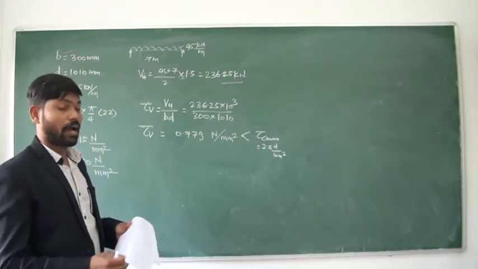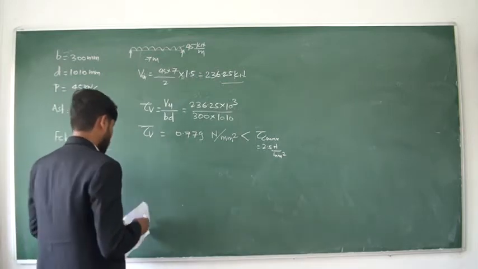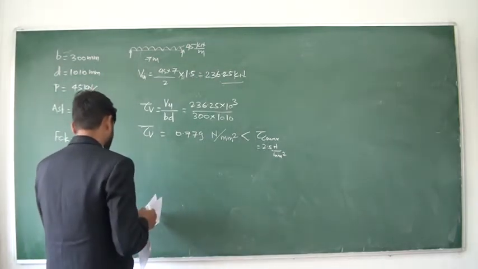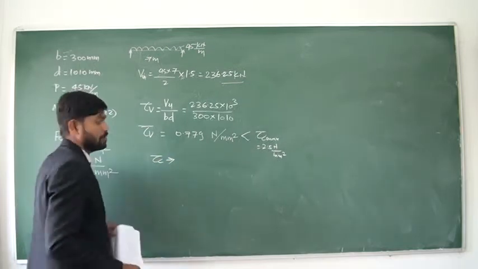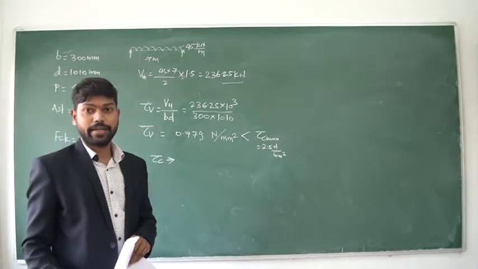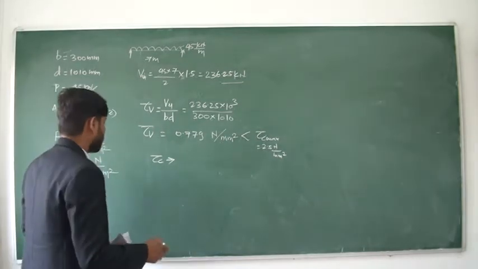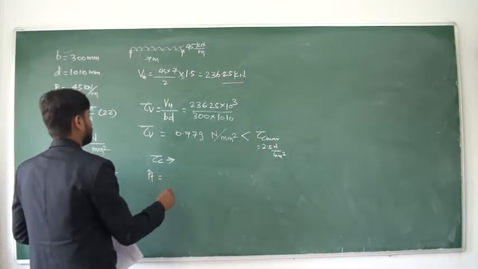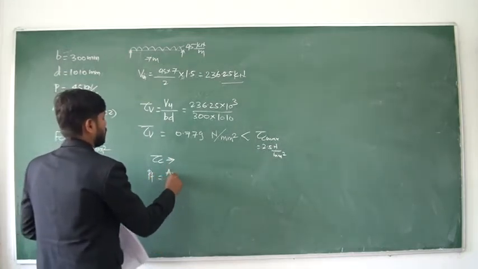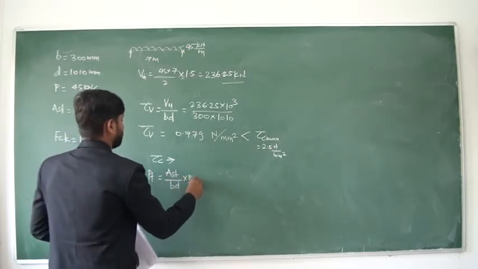Now we will calculate tau c. Tau c is calculated based on the grade of concrete and the percentage reinforcement of steel. The percentage reinforcement of steel, pt, is Ast divided by bd into 100.